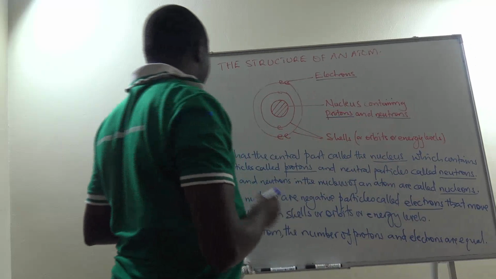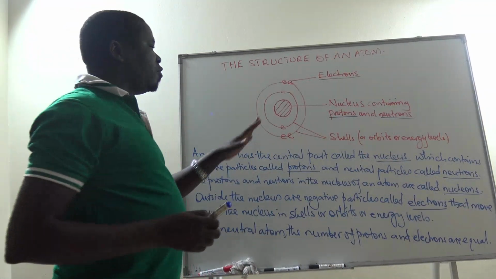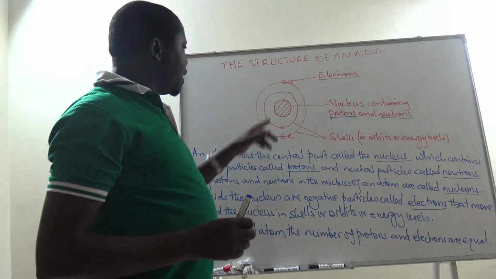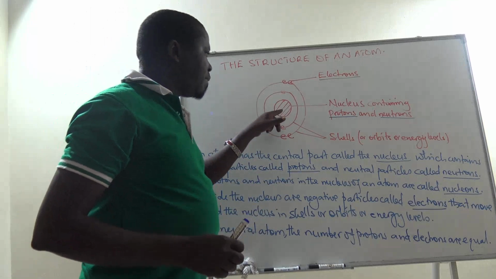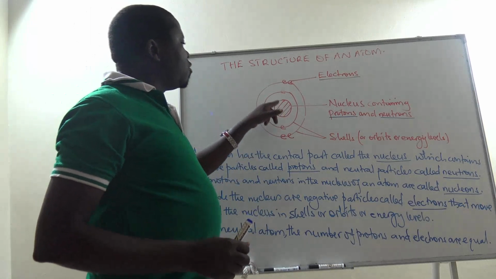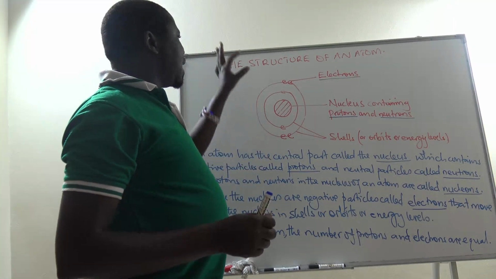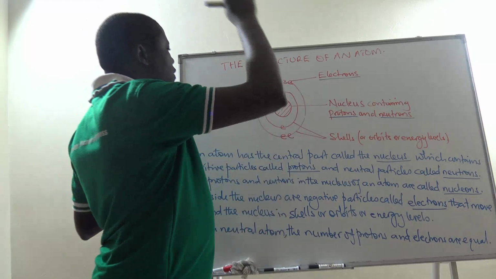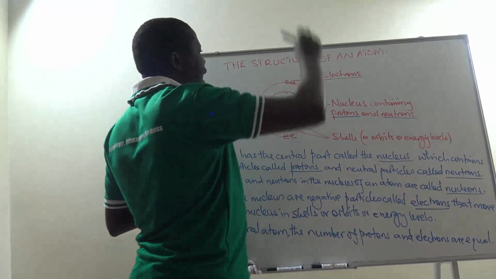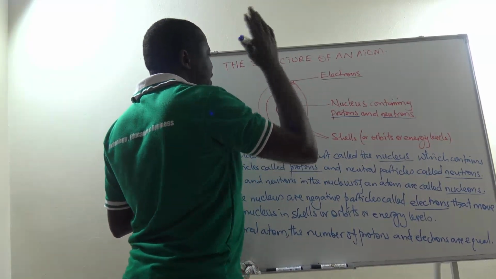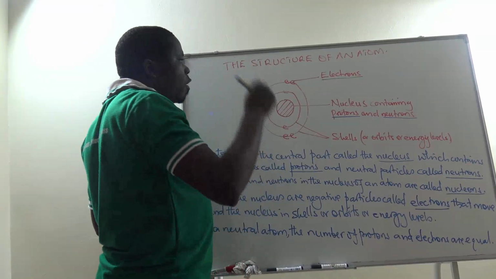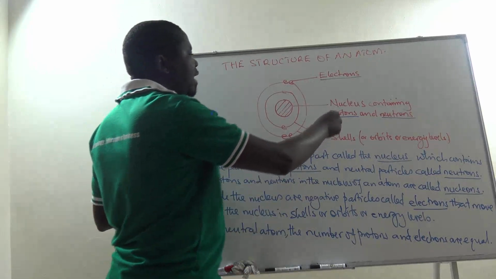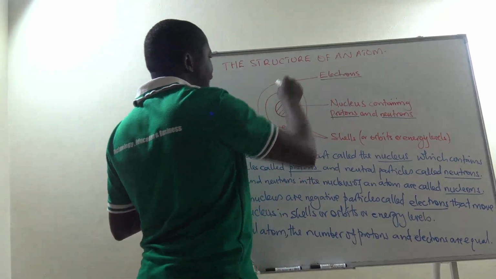Remember, we said that an atom is electrically neutral. Reason being, it has got protons, the positive particles, it has the neutrons, the neutral particles, it has the electrons, the negative particles. But we find that protons bear positive charges, and electrons bear negative charges. Only that the number of protons and electrons are equal in an atom.